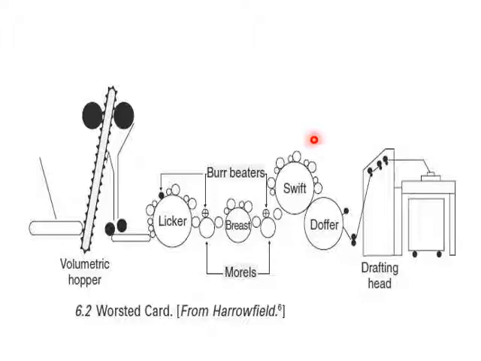The difference between the woolen and worsted card is that in a woolen card the final product is slivings, and in a worsted card the final product is a sliver in a can, or it may be in top form, ball form or bomb form. So this is the schematic diagram of a worsted card.